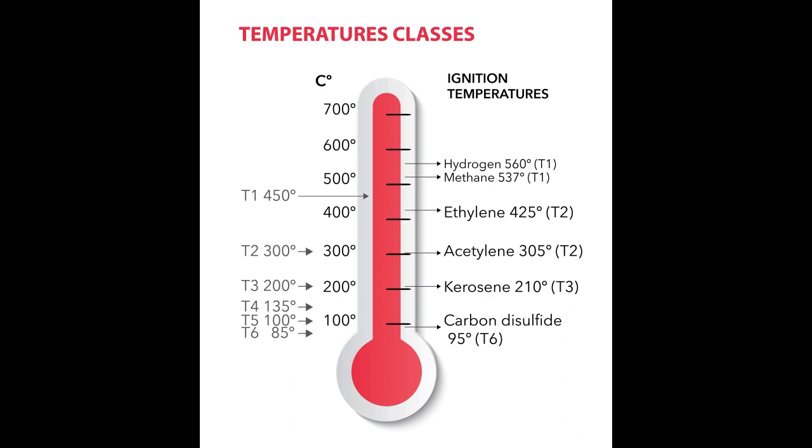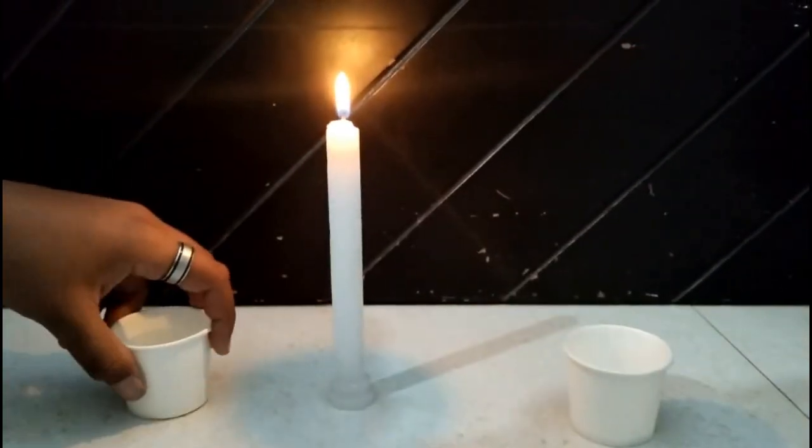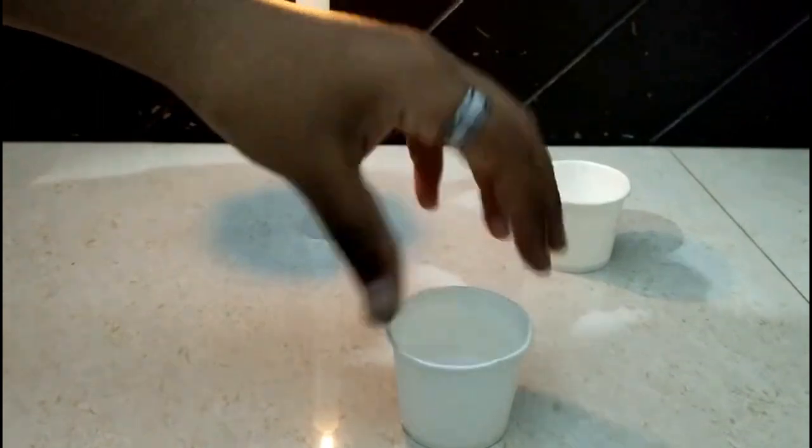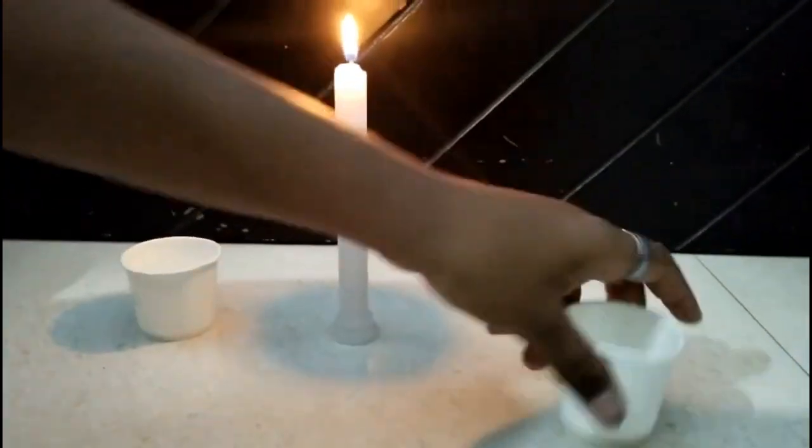To understand ignition temperature, let's do an activity. Take 2 paper cups and fill water in one of them. Burn both the paper cups at a time and observe which paper cup burns quickly.